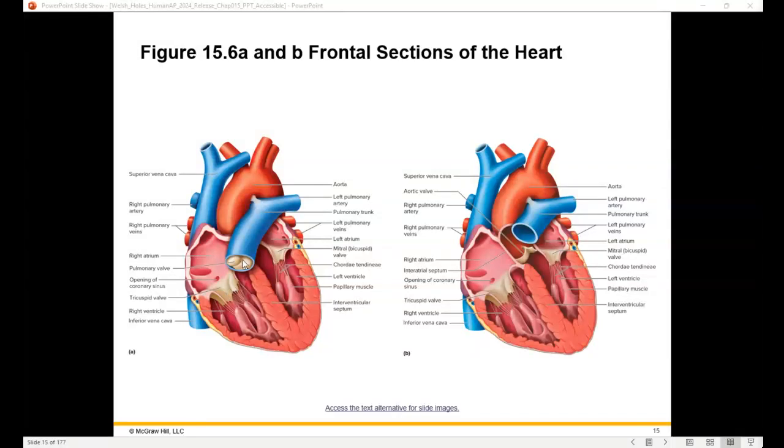The blood is then sent up to the pulmonary artery and to the lungs, comes back through the left pulmonary veins and the right pulmonary veins into the left atrium, through the mitral or bicuspid valve to the left ventricle, and then up to the aorta. I should have mentioned there are pulmonary valves that restrict the blood flow into the lungs, and there's an aortic valve also, which is not shown here.